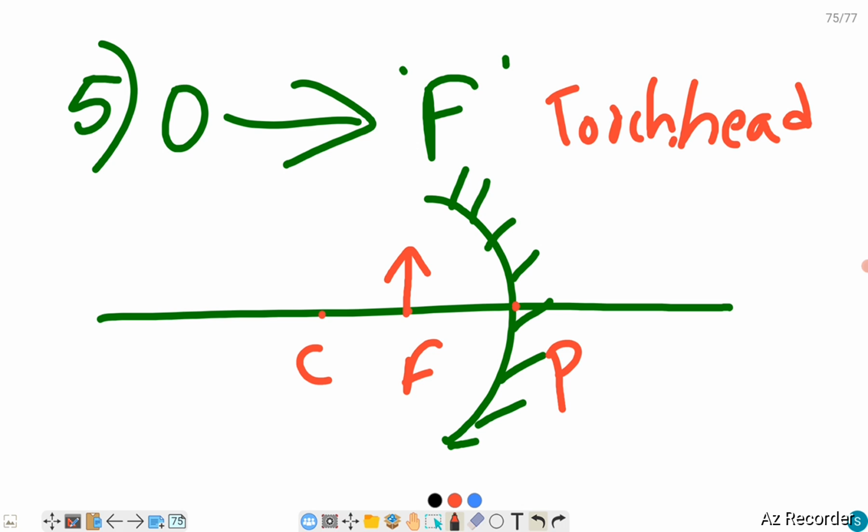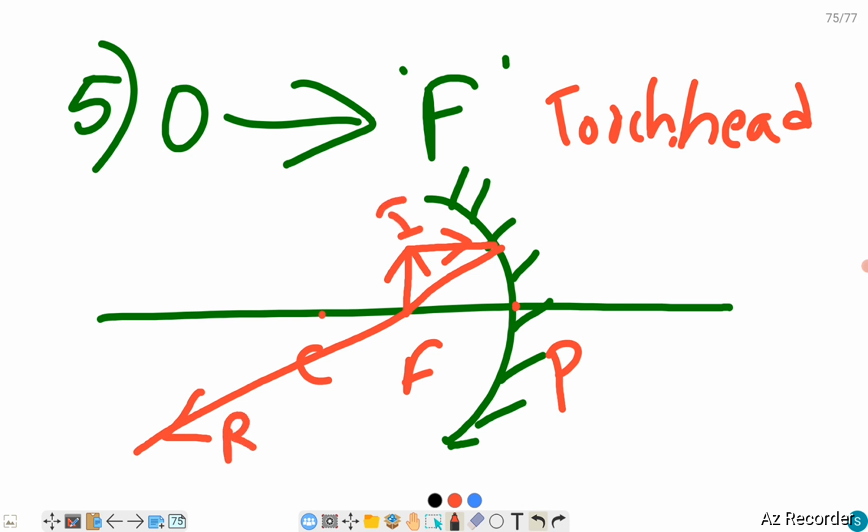If you place the light at focus, then what happens? The first ray is a parallel ray and it passes through focus, I and R, and the second ray is striking at the pole because the pole is the immediate front point we know, and this is the reflected ray.